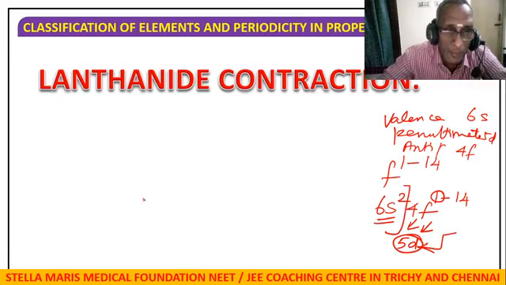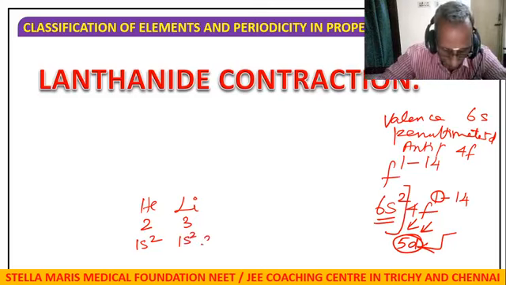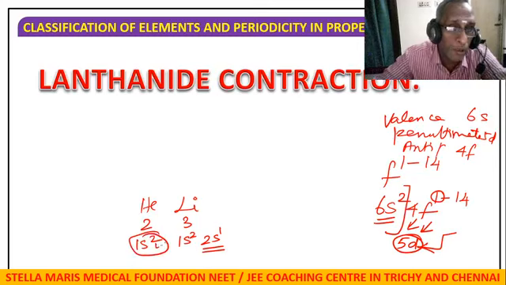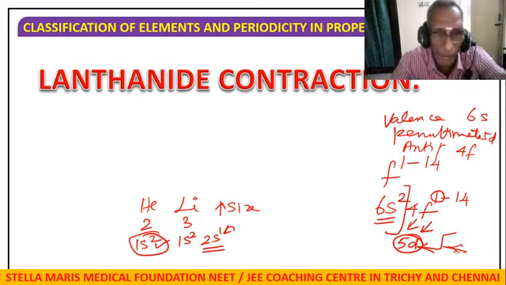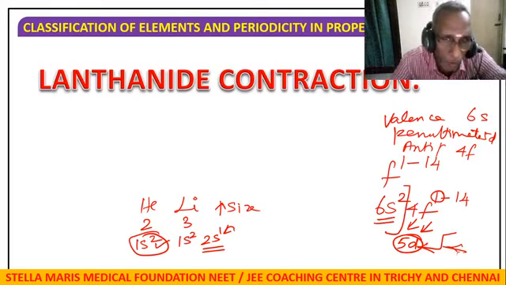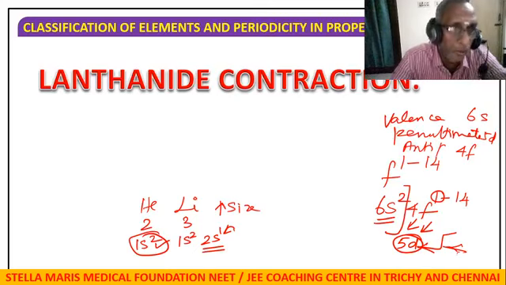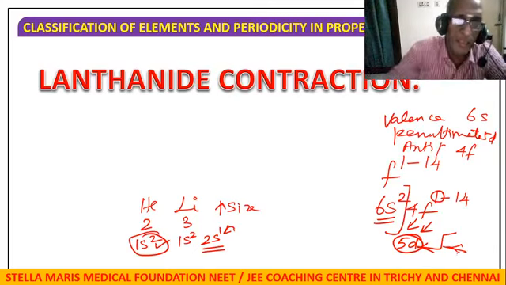Let us compare the simplest: helium and lithium. Helium atomic number 2, lithium atomic number 3. Helium is 1s2, lithium is 1s2 2s1. So the third electron is in the second shell, while here two electrons are only in the first shell. So an additional electron, if it goes to a newer shell, increases size. But here the additional electron goes not even to a newer shell, but the same shell, the innermost shell. Because the newer electrons go to innermost shells, a reduction in size is observed.